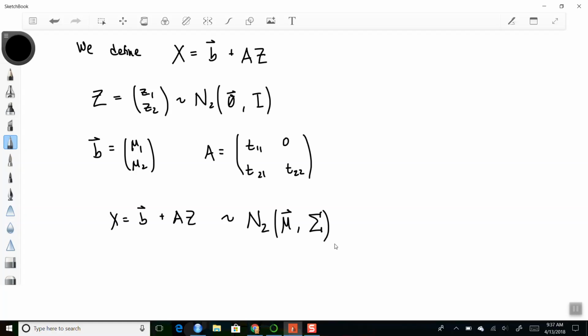All right, is that okay? So now we are in a position to generate values from some kind of bivariate normal density, so let's just do a little quick demo here.